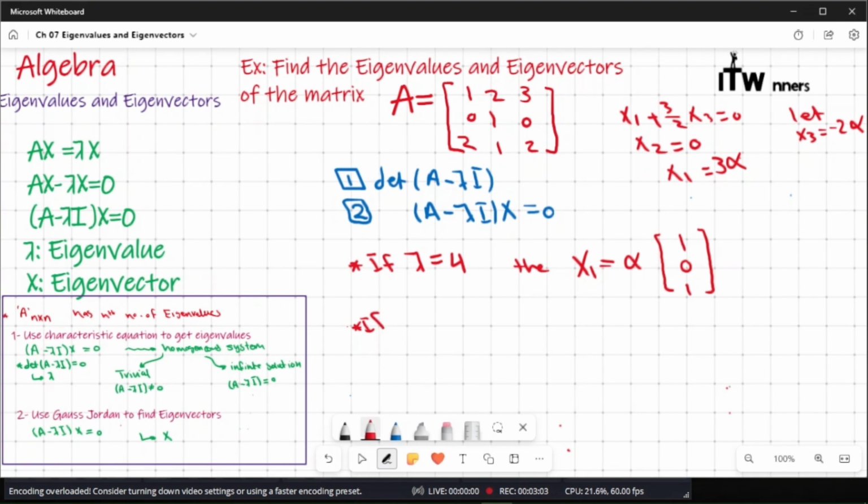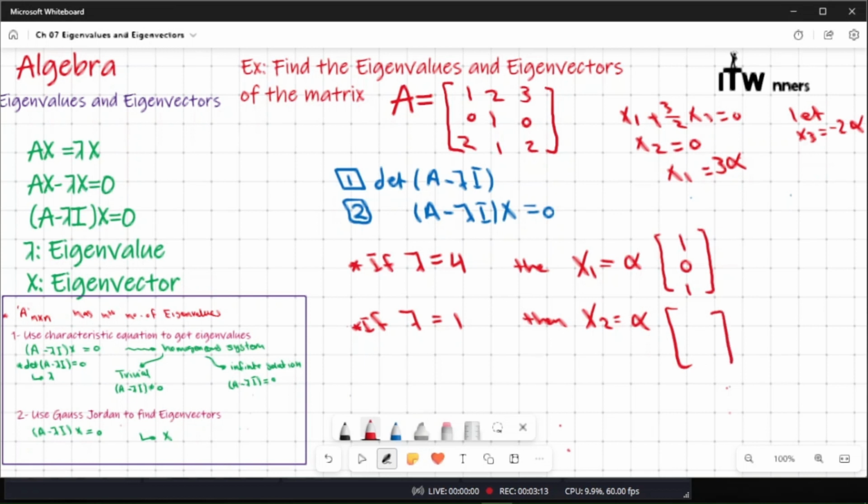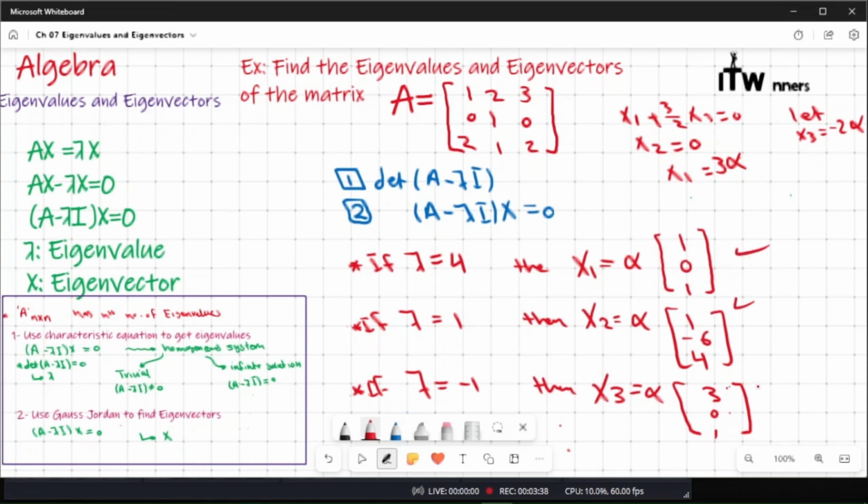If lambda equal to 1, then x2 equal to alpha into 1, negative 6, 4. If lambda equal to negative 1, then x3 equal to alpha into 3, 0, 1. Okay, I hope this is clear. And let's move to another one.